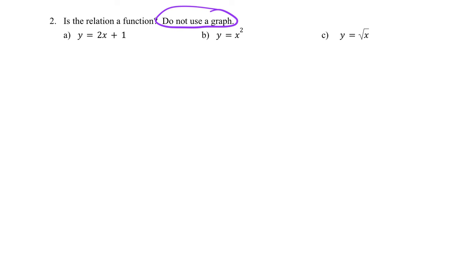Now, I'm going to put in 2 graphs for this, but I just don't want us to rely on the vertical line test because you won't always have the graph at your disposal. So I've put that instruction in, even though I'm going to use some graphs, and even though you could use some graphs for that, you would just run out of time.